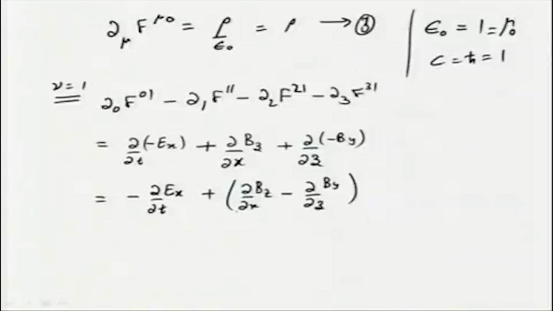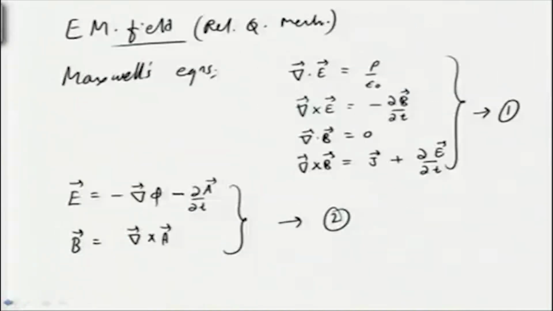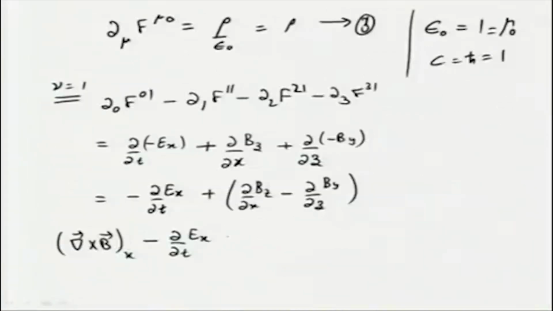The term in the brackets is the x component of curl of B. So what we have here is the x component of curl of B minus the time derivative of the x component of E, and as per the Maxwell's equation, the last one, it is equal to the x component of the current density J. And you can consider other components, nu equal to 2 and nu equal to 3, to get the other parts of this equation.